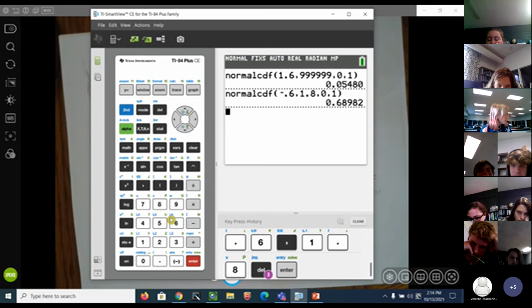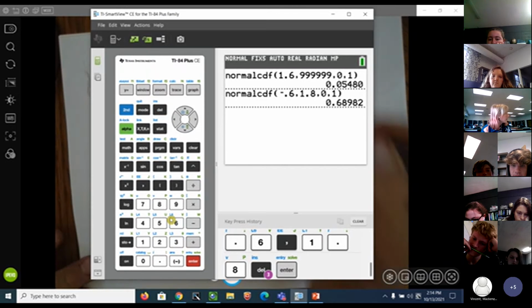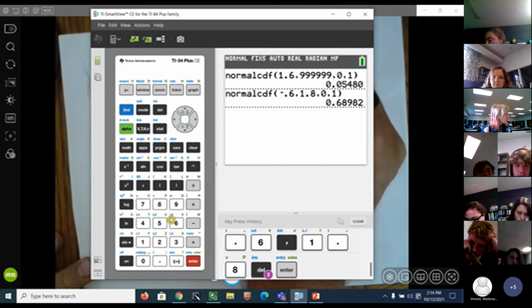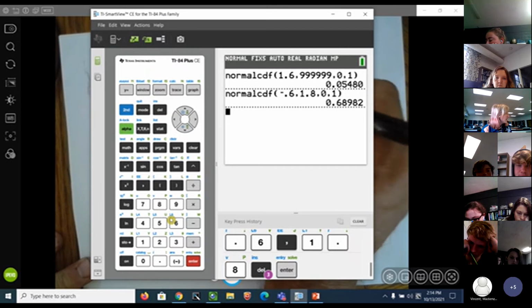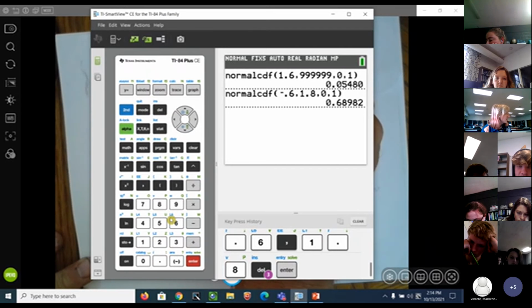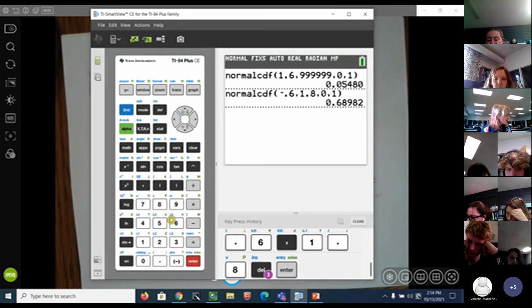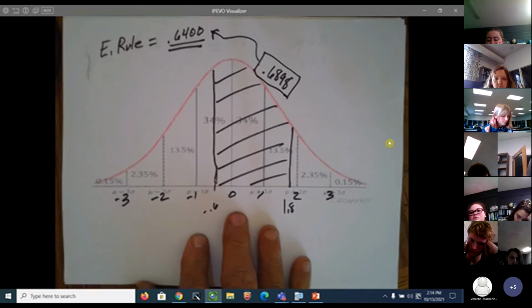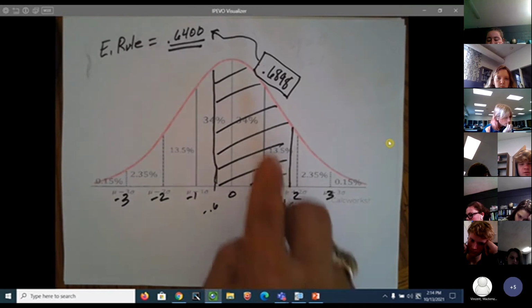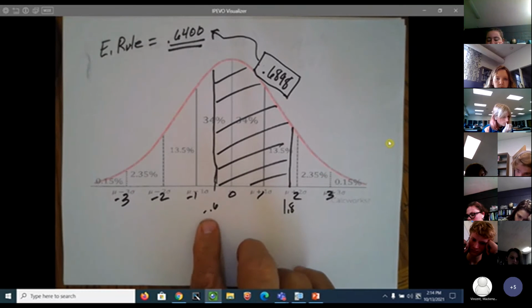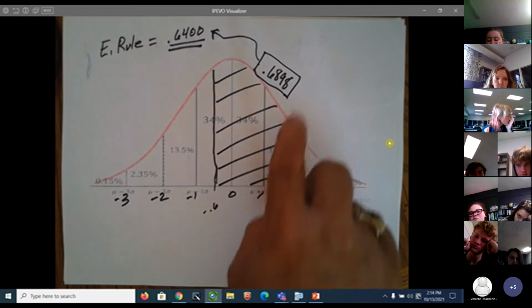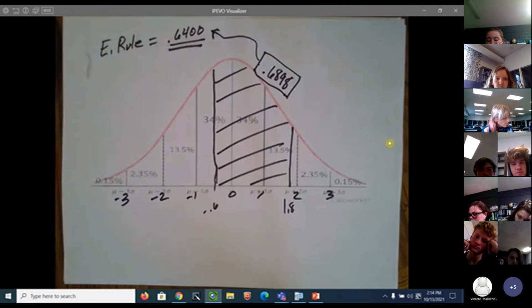I came out with 0.6898. And that's the more detailed answer. But as you can see, it does tell you that you are close, because by the empirical rule, you've got 0.64. So the likelihood that you're going to fall between negative 0.6 and 1.8 is 0.6898.